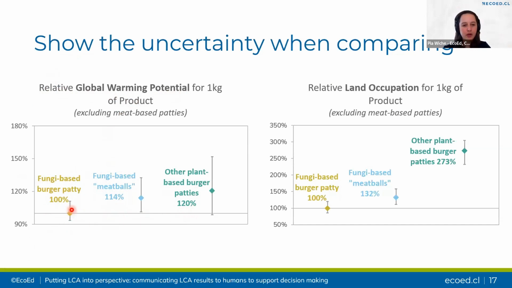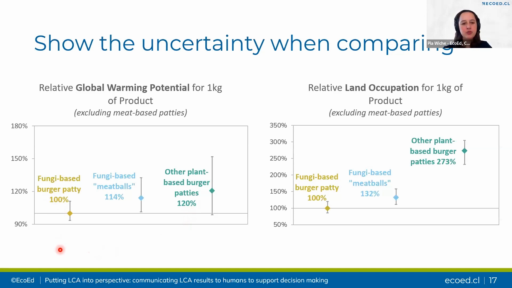So if we didn't really have the bars, if we only had the dots, and we say this is 100%, and this one's 115, and this one's 120, we would probably say, oh no, the plant-based ones have 20% more impact than the burger patty.